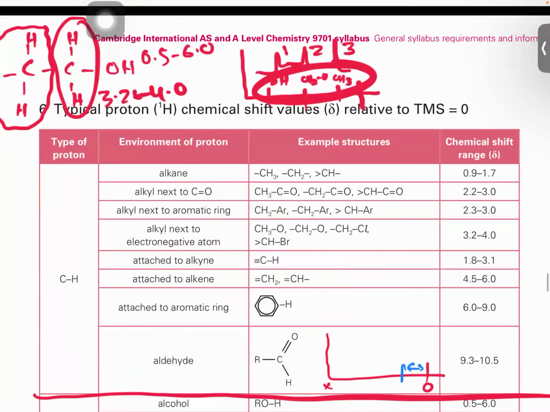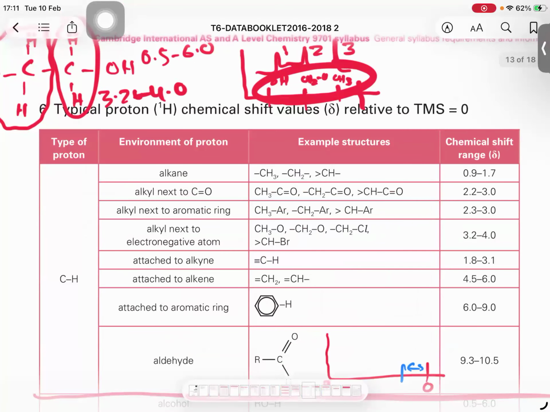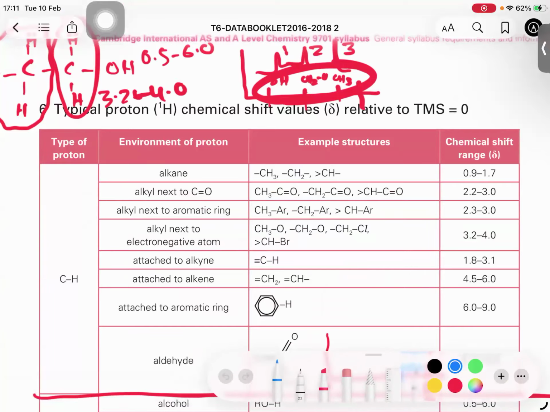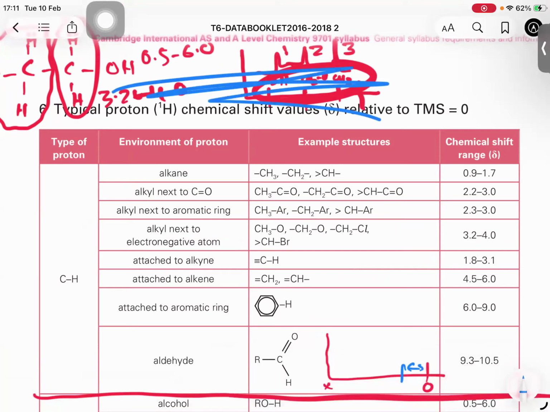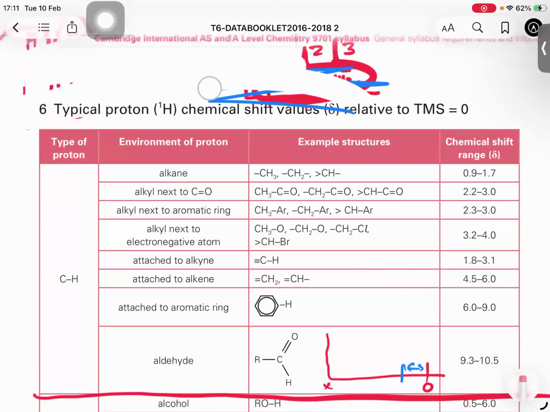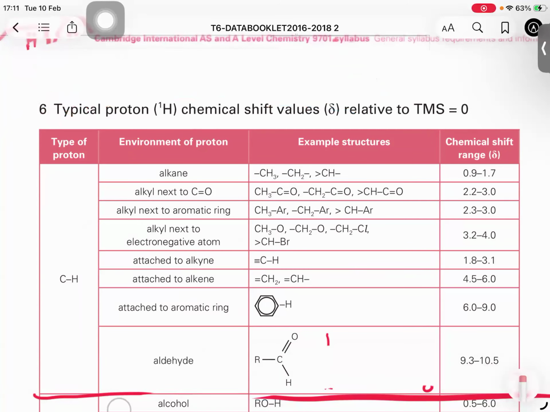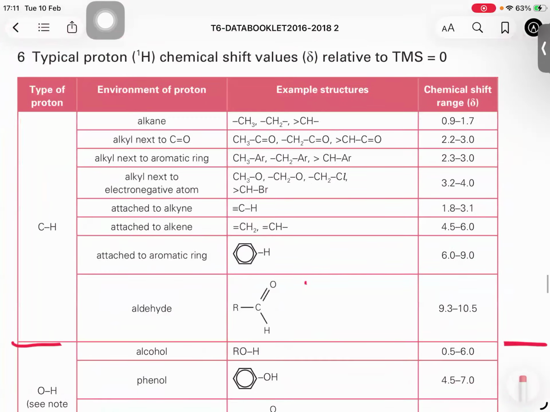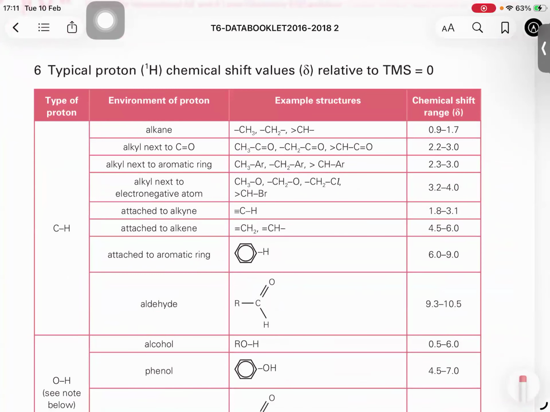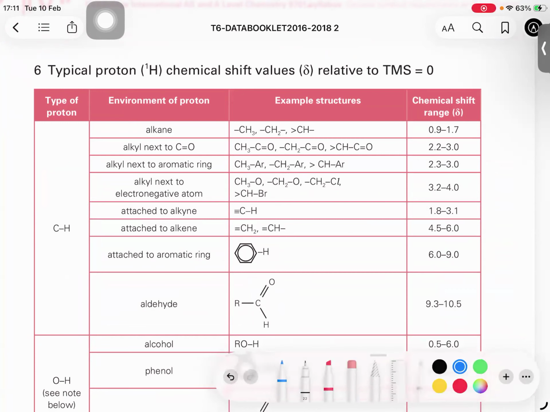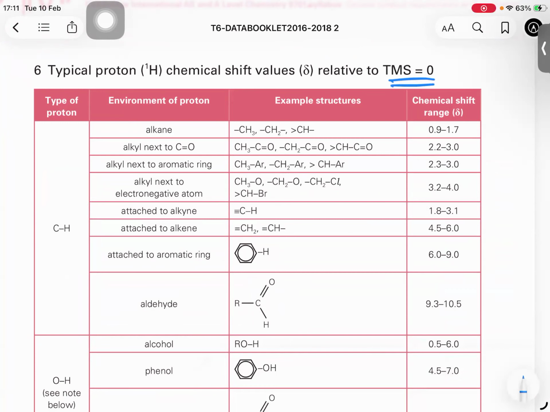You see what is written here? Typical proton chemical shift value relative to TMS. TMS is equal to what? क्या लिखा हुआ है? So it means the TMS की peak has a 0 value.